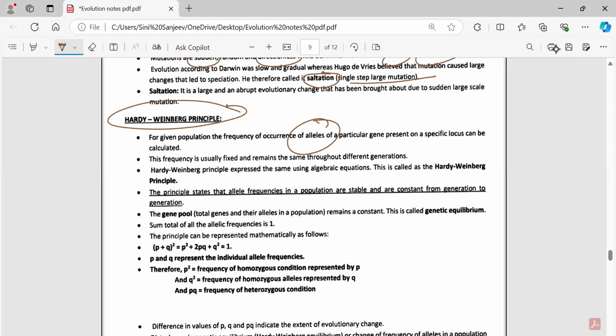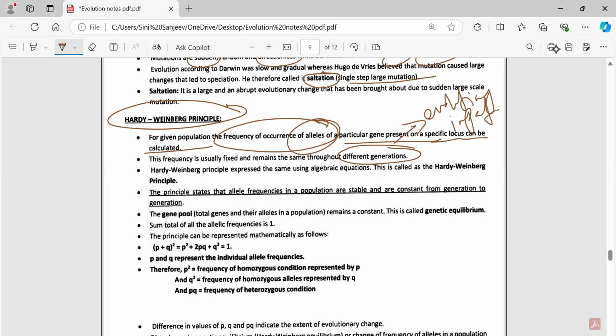It states that the frequencies of occurrence of alleles of a particular gene present on a specific locus can be calculated. In short, in a population, the allele frequencies will be stable as well as constant when you move from generation to generation. Otherwise, this may cause an evolutionary impact.